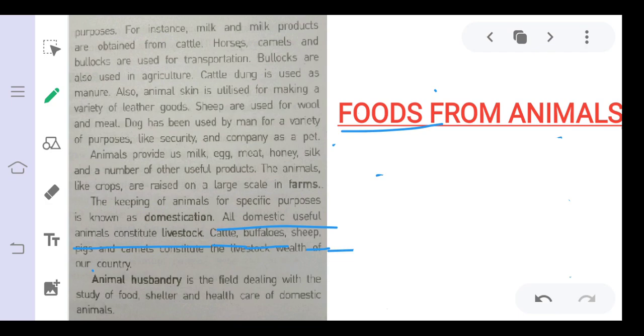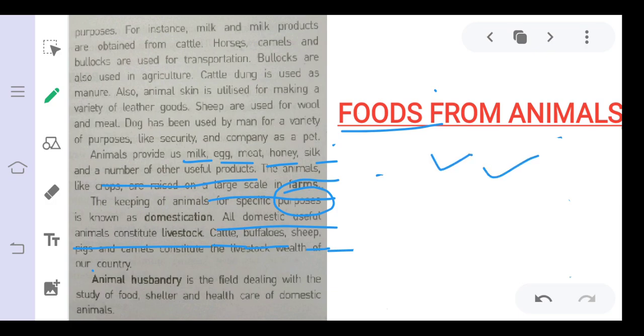These provide us different things, like milk, egg, meat, honey, silk, and a number of other useful things. And the place where they are reared on a large scale is called a farm. It is also very important. So these are the things we get from animals.